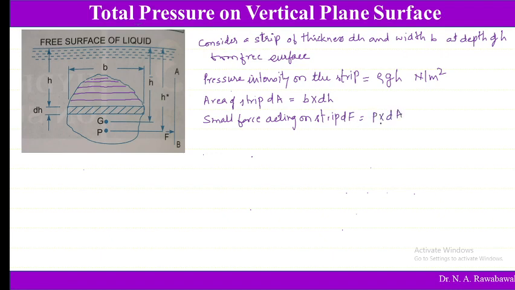So force is equal to pressure into area. As we are going to find the small force over the small area dA, small force dF is equal to P into dA. So now we know P is equal to rho gh, so force dF is equal to rho gh into dA.